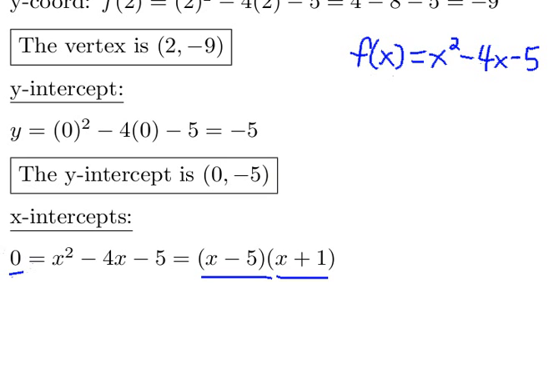So that means x equals 5, or x equals negative 1. So we have x equals 5 or x equals negative 1.